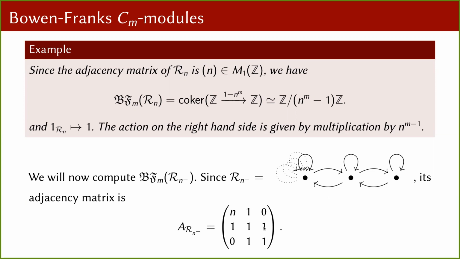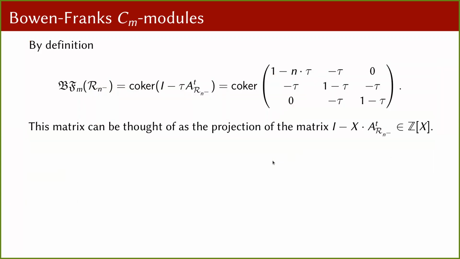Okay, so the matrix is this one here, and by definition the Bowen-Franks Cm-module of that graph is the co-kernel of this matrix. Here we are using the second presentation instead of the first one in terms of powers. So it's the co-kernel of this other matrix here.